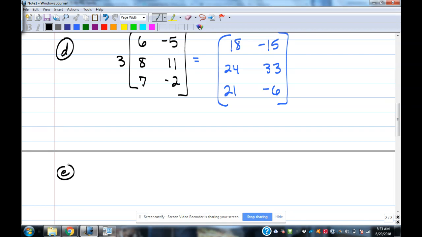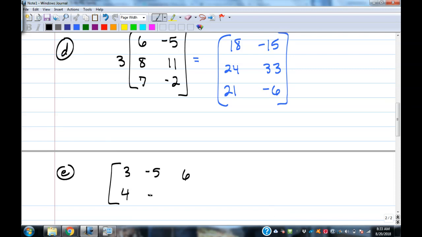All right, example E. Let's say we had this matrix 3, negative 5, 6, 4, negative 2, 11. That should be familiar. That's from example A and B. It's the same matrix. It's that left matrix that we had there. Let's do a scalar for that with a fraction, because it looks like it's tough when it's a fraction. So taking that and doing what with the 2/3?